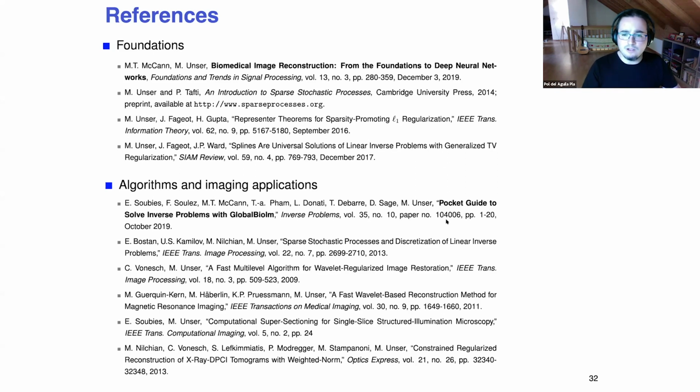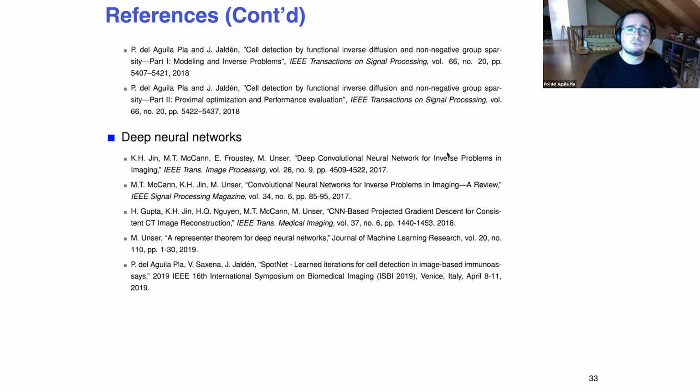Then there's the manual, or a paper manual, to our GlobalBioIm library, and a bunch of applications, including those of the immunoassays I discussed at the beginning. And then some papers on neural networks applied to image reconstruction, including the one that won the IEEE Signal Processing Best Paper Award.